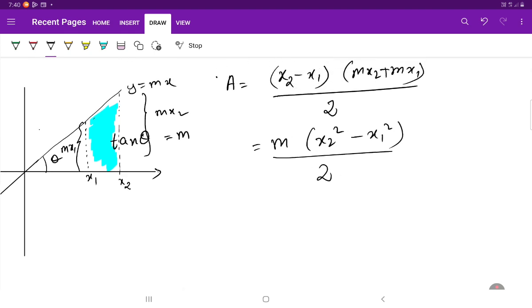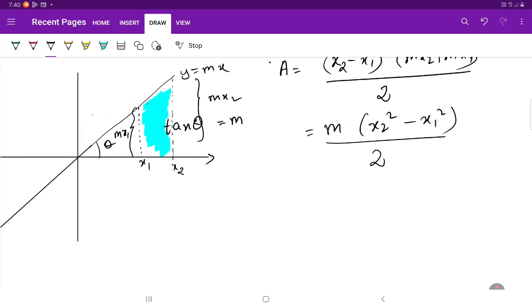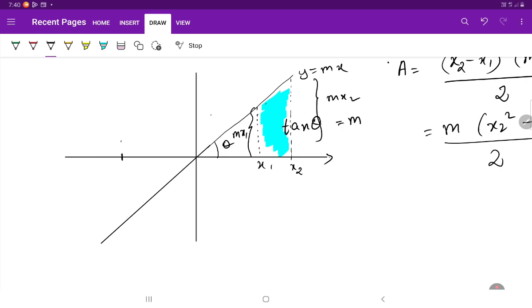Now suppose in the second case, I am considering another point x3, lying on the negative x-axis. I have to find the yellow region, from x3 to x1.